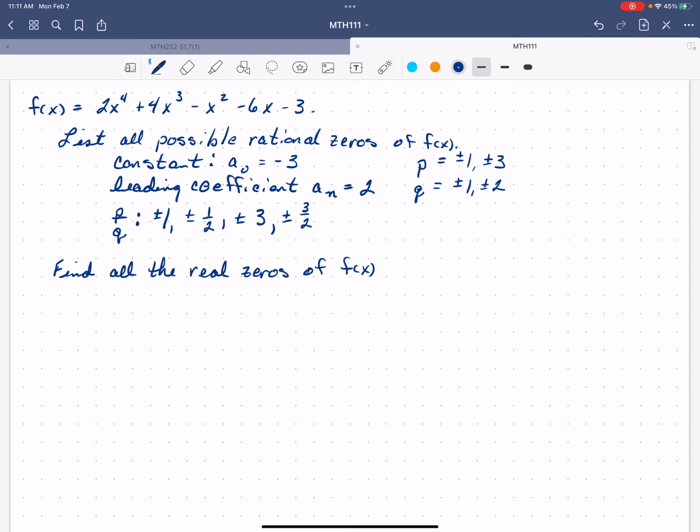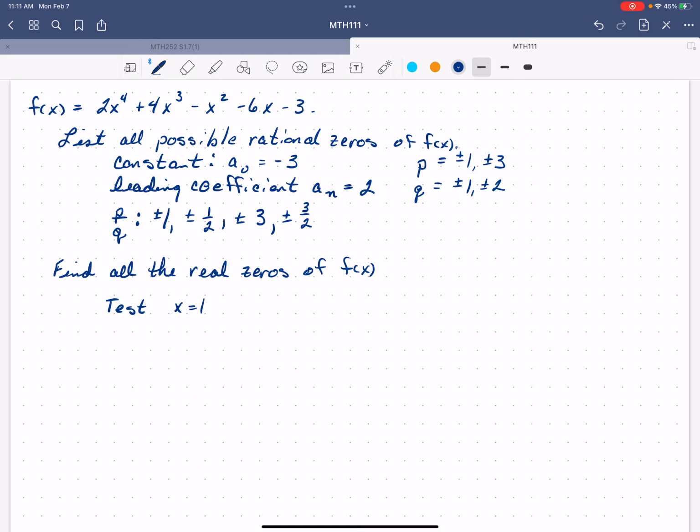I'm going to take the 1 and divide. So let's back up a minute. I'm going to test x equals 1 to see if it's a 0.